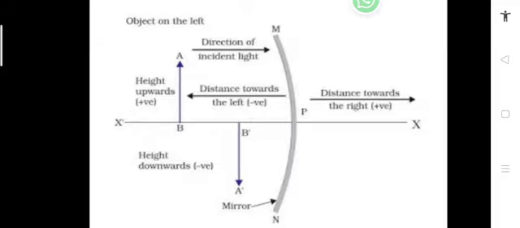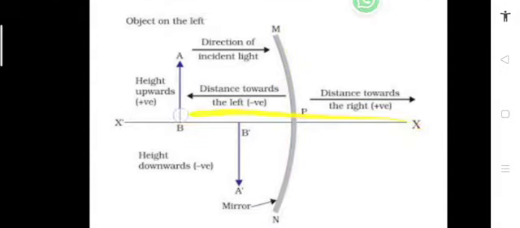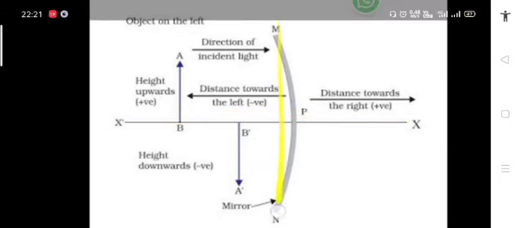Next is the sign conventions. This is a very important point, and many numerical problems are based on sign convention. First, we all know the coordinate system, which is the x axis and the y axis. This is the horizontal x axis and that is the y axis.